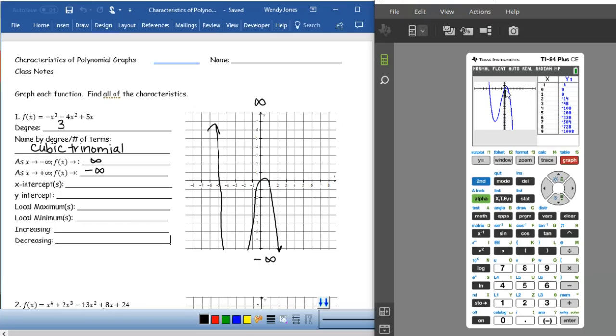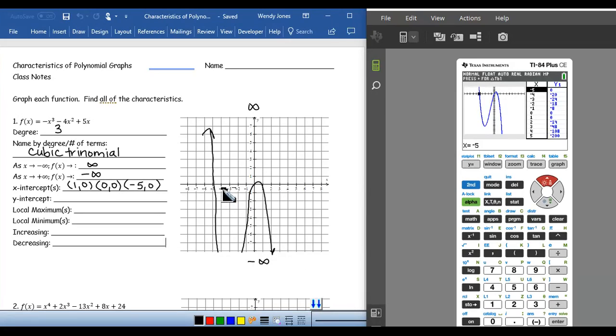That would be these two. This one looks like it's at -5. If I need to move on my table, I will use second graph. And I'm going to go up here and look for -5. And sure enough, -5, 0 is my third x-intercept. So let's write those down.